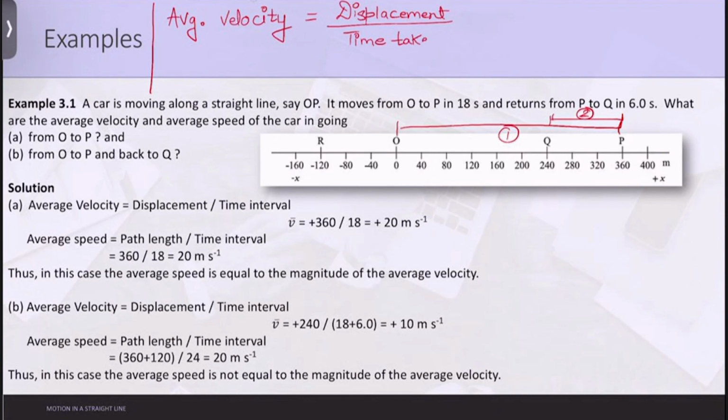Okay, so displacement is what? Displacement is nothing but equal to final value, that is final Q minus O. What is final value? It's plus 240 minus 0 upon what is total. Please remember it's total time taken. Okay, so total time taken will be 18 plus 6, which will give you 24. Hence the correct answer will be plus 10 meter per second. As you can see, plus will tell you that yes, this is the direction of movement.